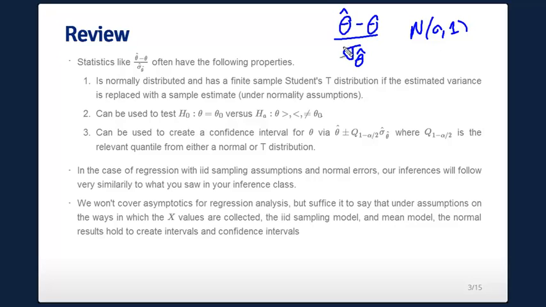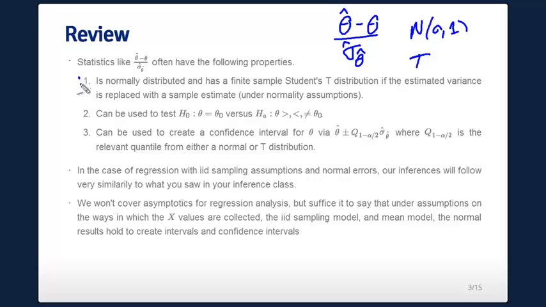And often if we replace that sigma with its estimated version, for large sample sizes that also tends to be normally distributed. For smaller sample sizes it tends to be t-distributed if we have assumed normality at some point. But the t-distribution has nice fat tails, so assuming a t-distribution often isn't the worst thing to do anyway.